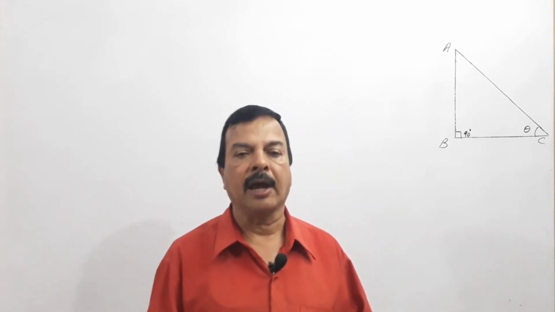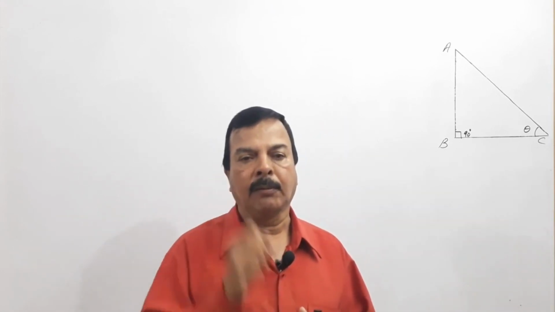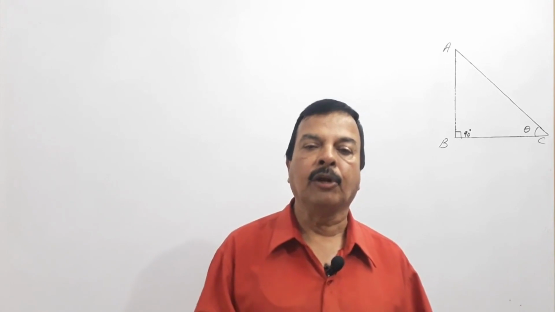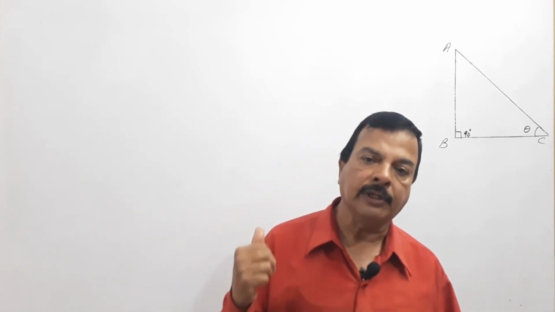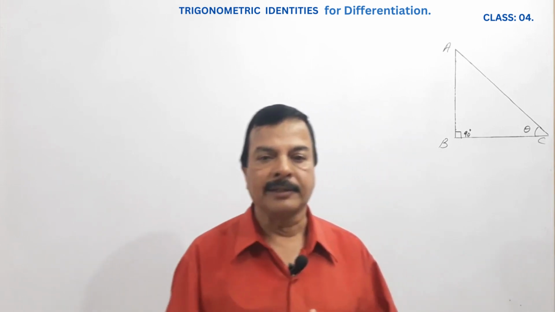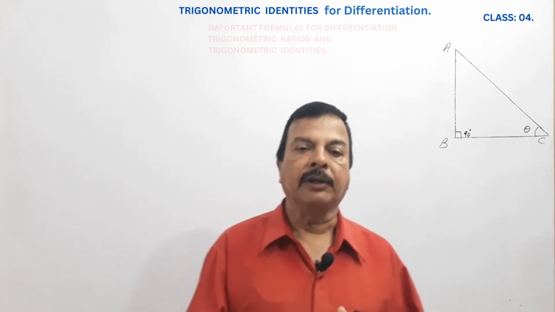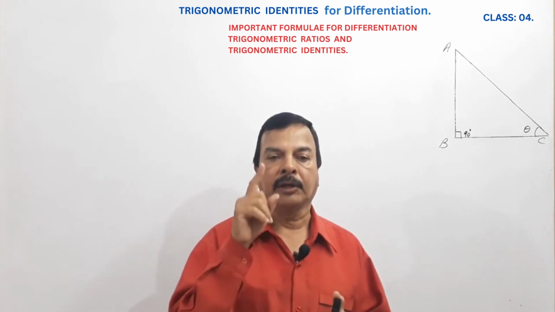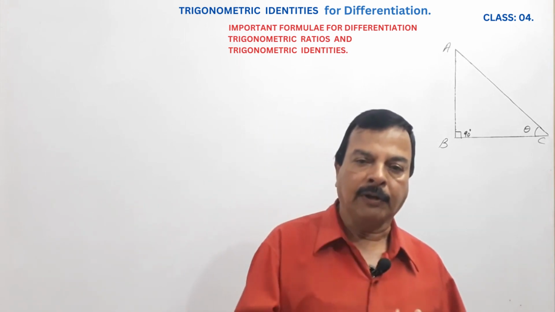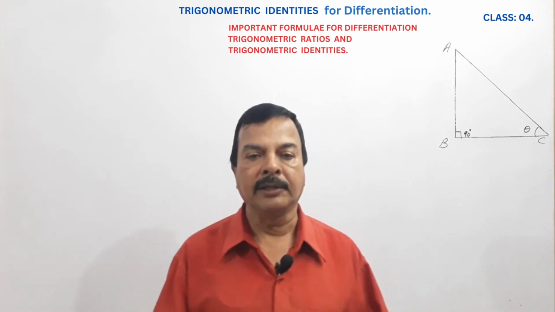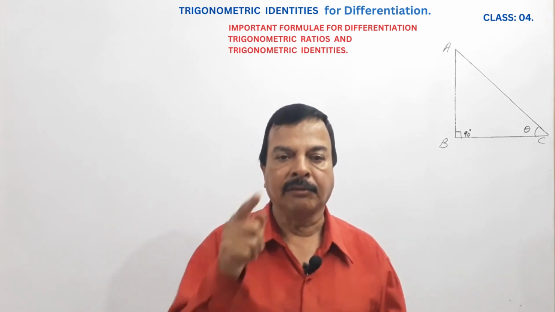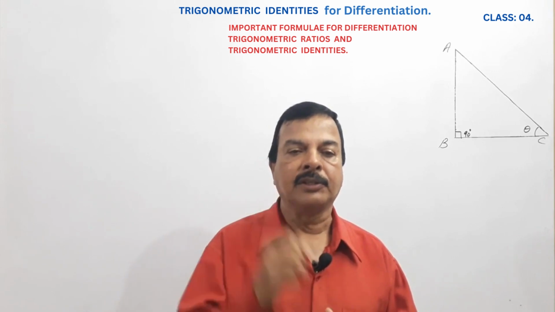In the earlier class, I have done important formula for differentiation, then trigonometric ratios, and now I am going to start with trigonometric identities. In the event you are good in important formula for differentiation, trigonometric ratios and trigonometric identities, the base is set for you to start differentiation.